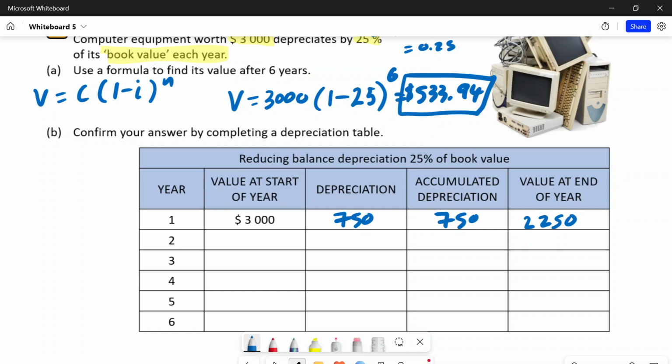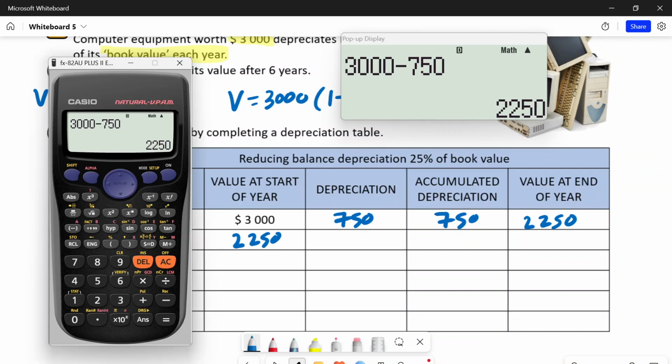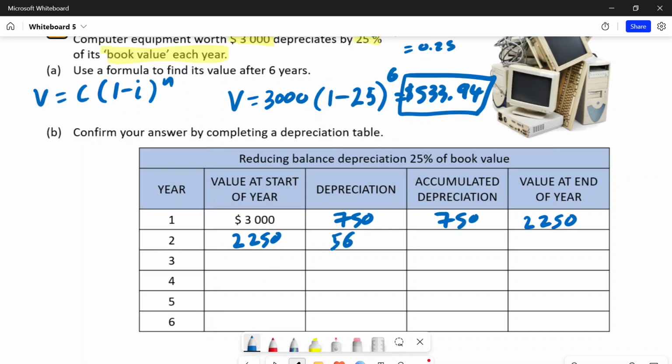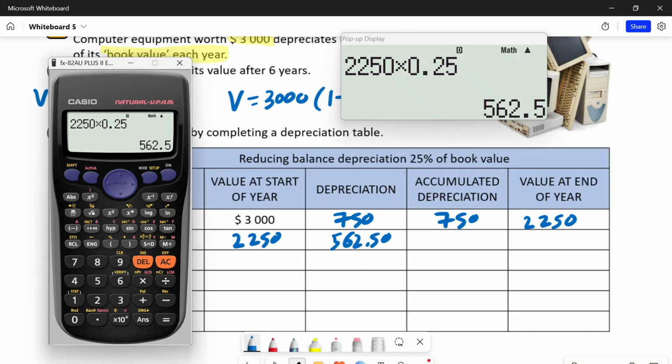Now that will carry over into the start of the next year, and now we find 25% of this. So 2,250 times 0.25 gives 562.5 or $562.50. So now we take that off the 2,250.